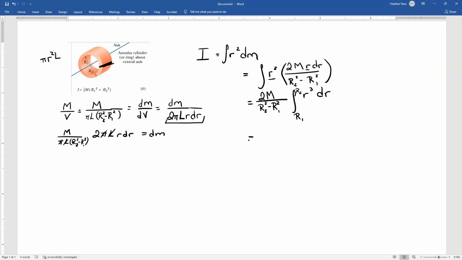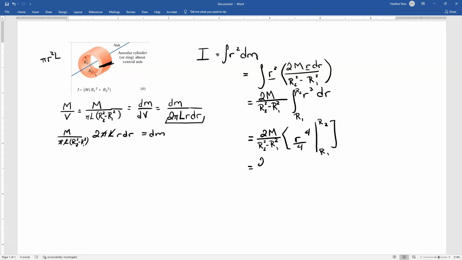So we don't do a lot of definite integrals, but we are doing one here. So we're going to have 2 times the mass over r2 squared minus r1 squared, times what's going to be r to the 4th over 4, and we're going to evaluate that from r1 to r2.